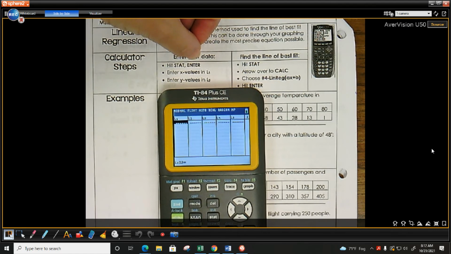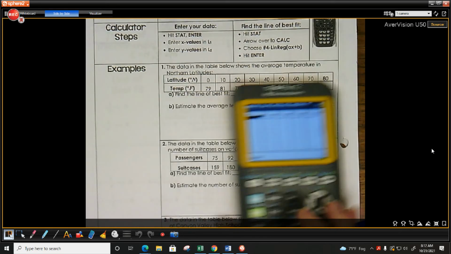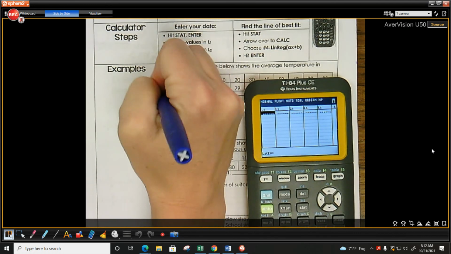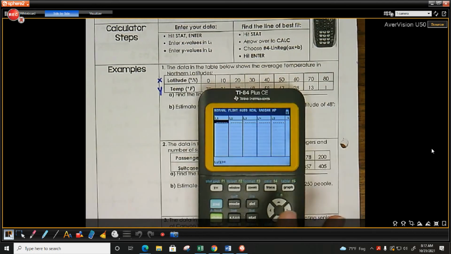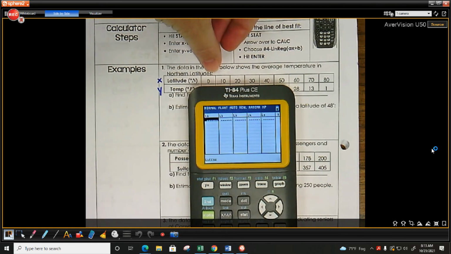Then it says enter your X1 values in list 1. So, the top is my X, the bottom is my Y. So I'm going to put my values in for L1. Put your X values. I would use your finger as a placekeeper. I promise you the hardest part about this is typing the data in correctly.